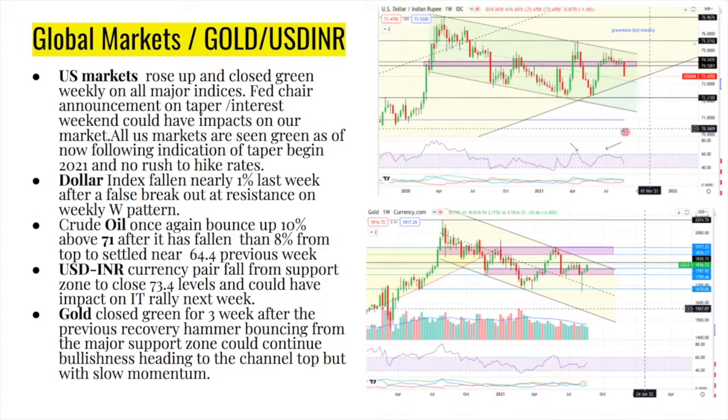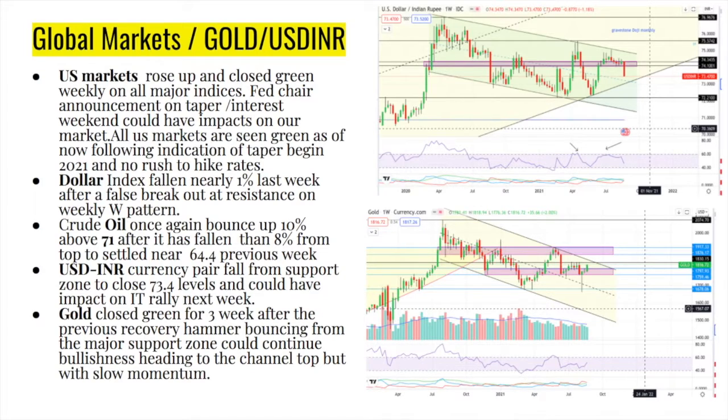But I'm not 100% sure on the fundamentals behind the impact. All I can understand is that the announcement was that the money printing will not stop immediately, but only in 2021. In the next coming few months, it will slowly start. But on the interest rate, there is no rush. They're not going to do that.